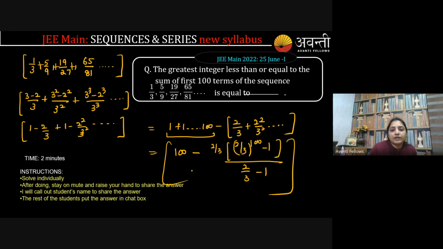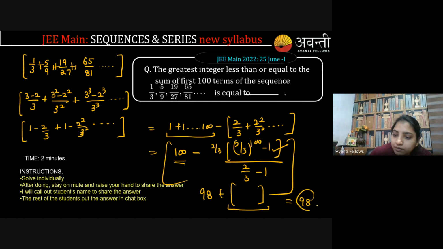If it is talking about the greatest integer, when you solve this, 2 by 3 moves inside, then 3 and 3 cancel, 2 will be there. 100 minus 2, 98, plus some value will be there. And that value is quite small. That will not increase my integer value. It means my final answer will be 98.